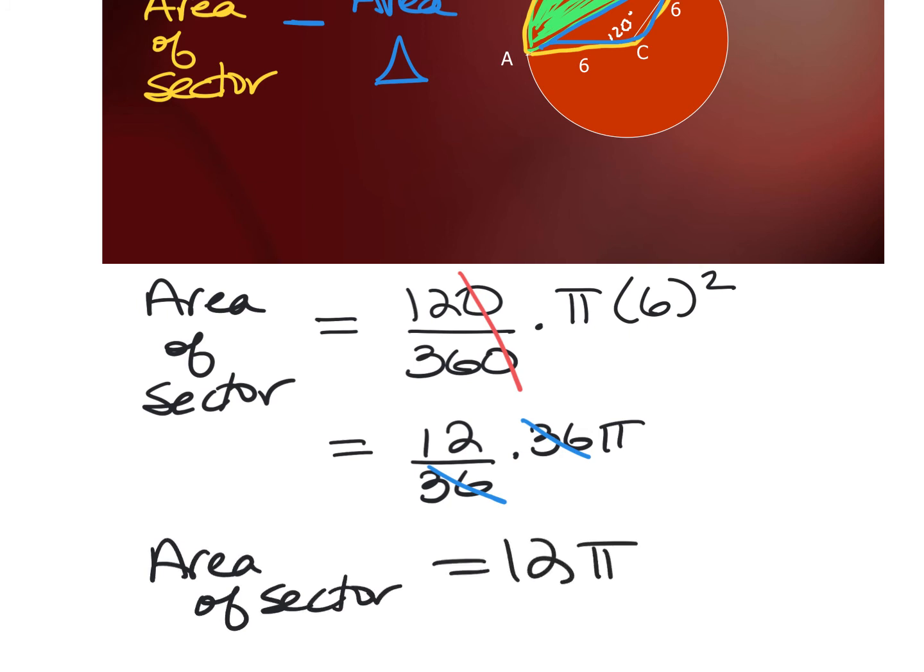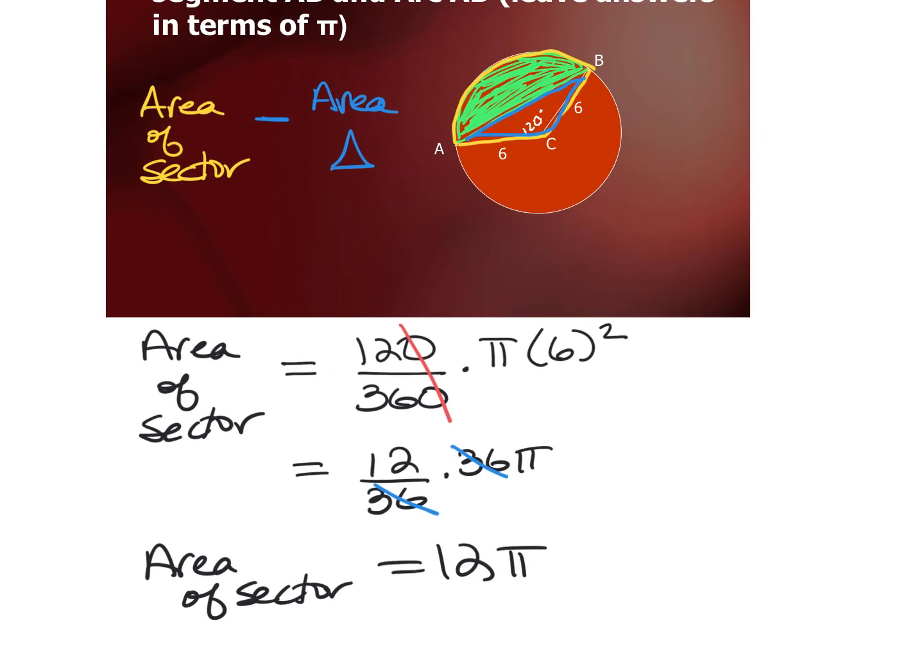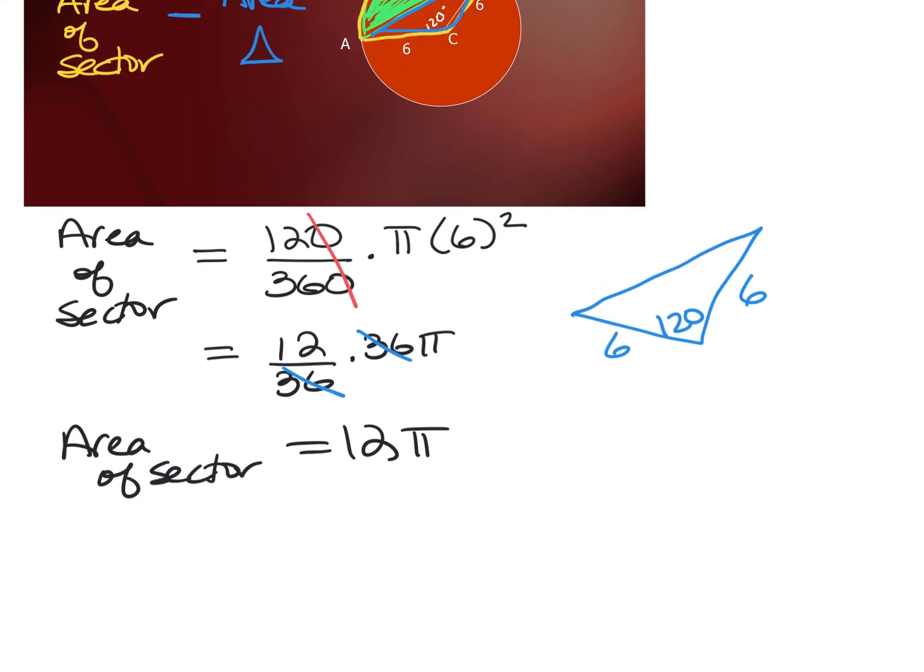Now I need to find the area of the triangle. So my blue triangle looks like this. It's got 120 degrees here, and then it had the 2 radii. Now, remember that when you have an isosceles triangle, when you drop down this altitude or this height, it's going to be a perpendicular bisector.